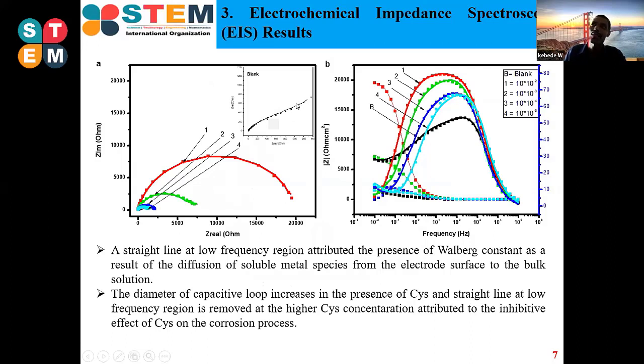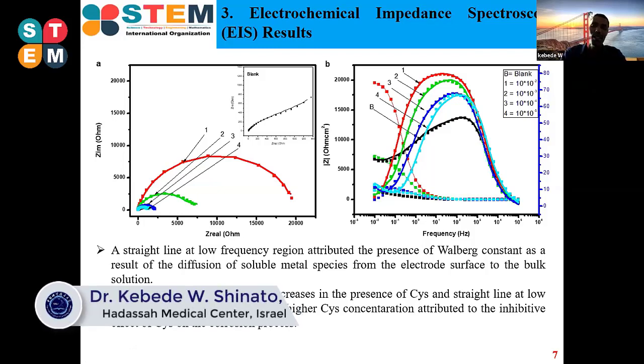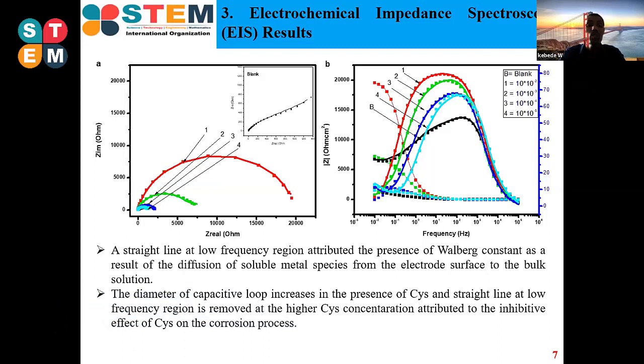This shows the presence of the Warburg impedance. The Warburg impedance arises from diffusion between the metal surface and the bulk solution, the dissolved oxygen going to the metal, which may damage it. So in the blank solution, the reaction is controlled by diffusion.